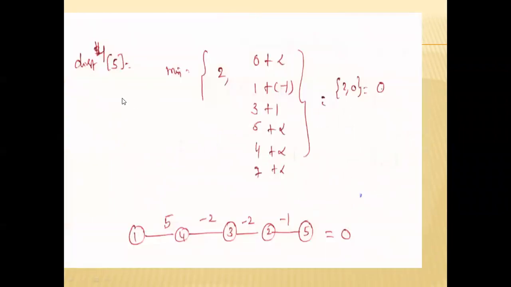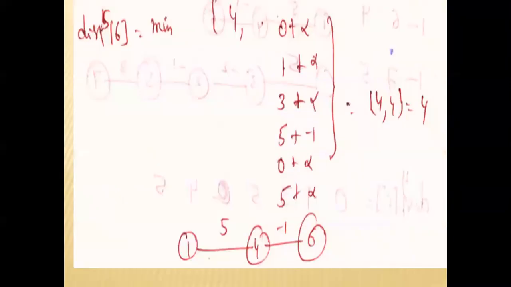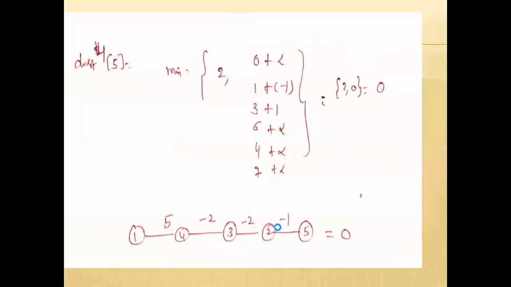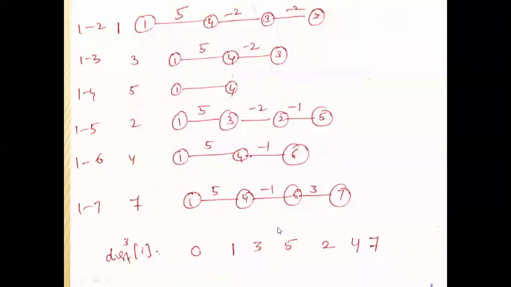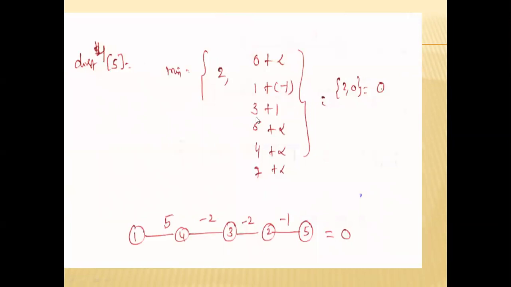Next, distance 5, that is 0 1 3 5 4 7, here we are calculating already 0 1 3 4 5. Same distance for 5, that is 0 1 3 5 4 7, 2 not considered.